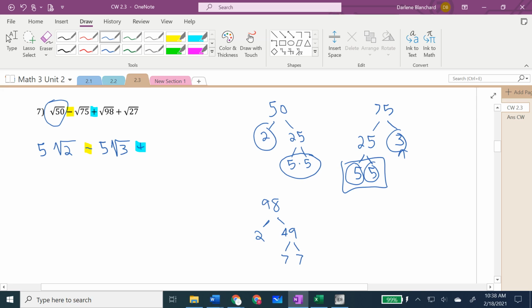The 49 can have its square root taken, and the 7s merge into a single 7 when I take the square root. The 2 stayed single, so it stays as is.